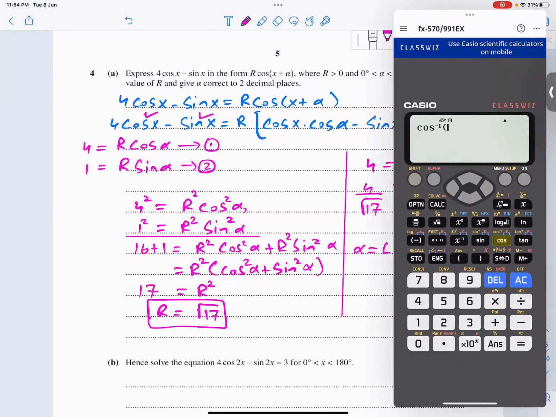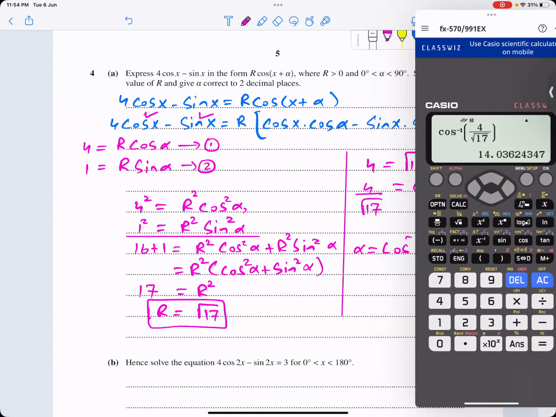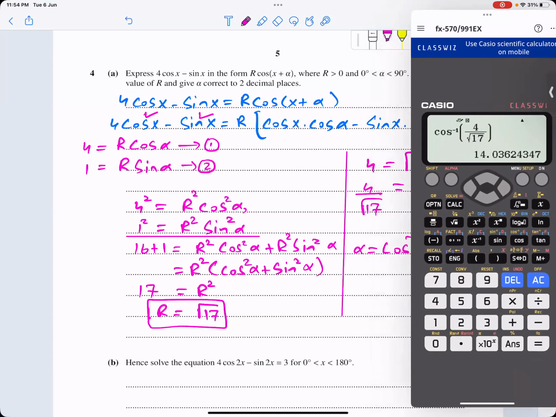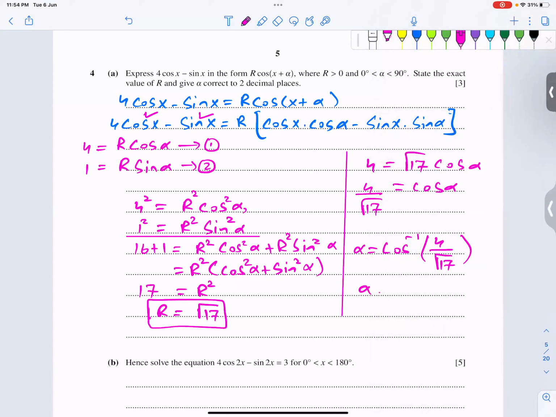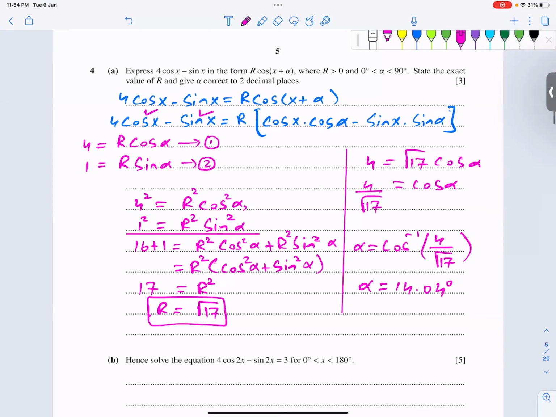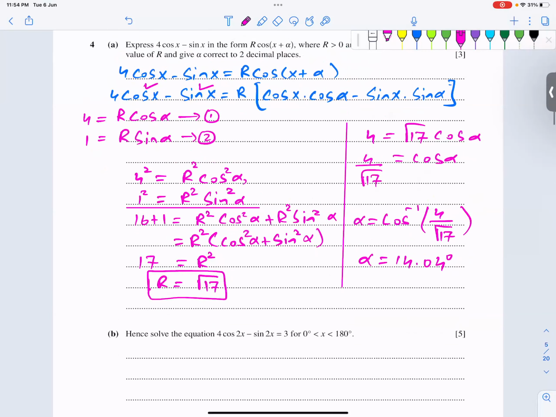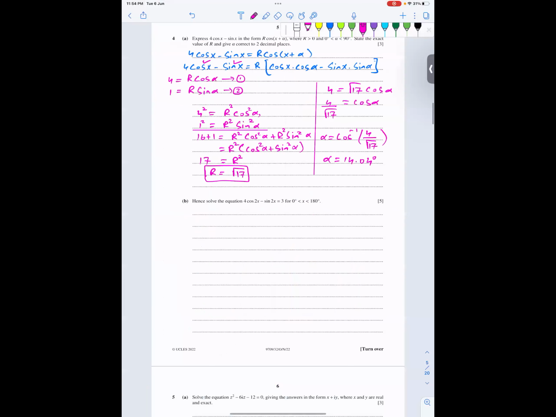Shift cos inverse 4 over square root 17, equals. So the final answer will be 14.036. So I can write it as 14.04 degrees.